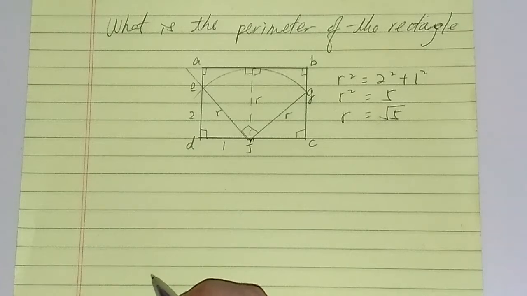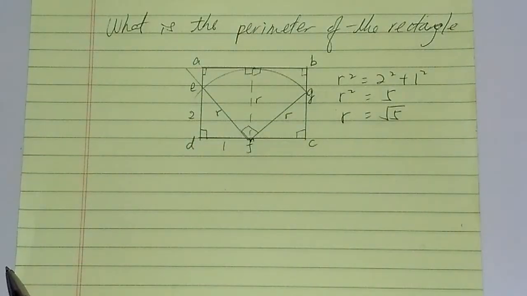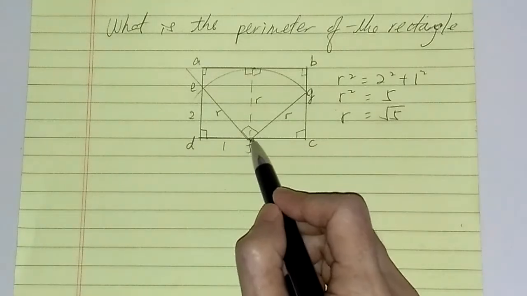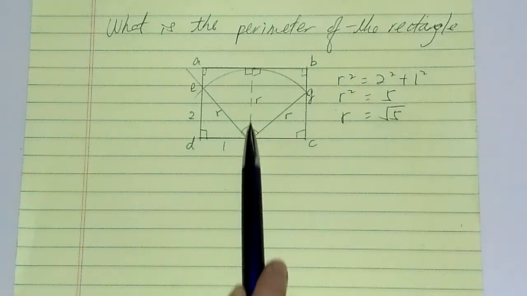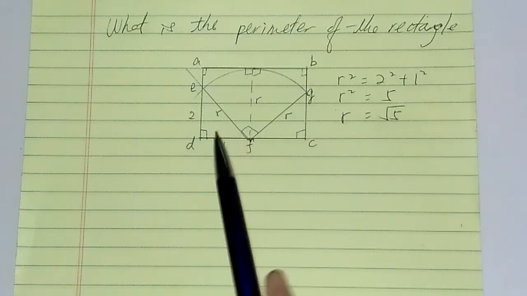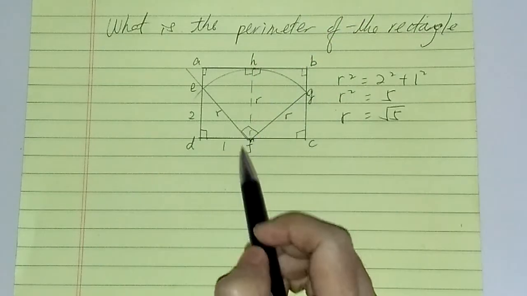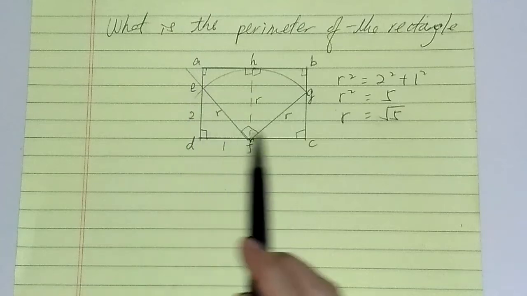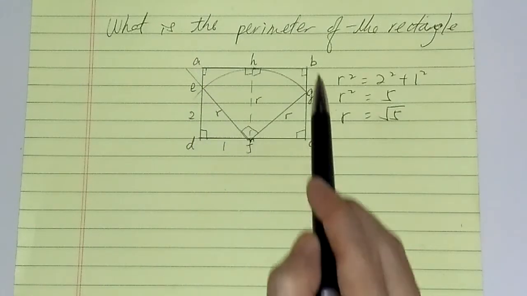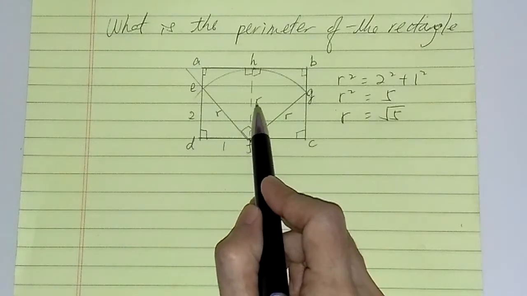Now, how are we going to find the length? If we know that this is R and it's perpendicular, say I let this point be H, so FH is equal to DA, and it's also equal to CB because it's a rectangle.